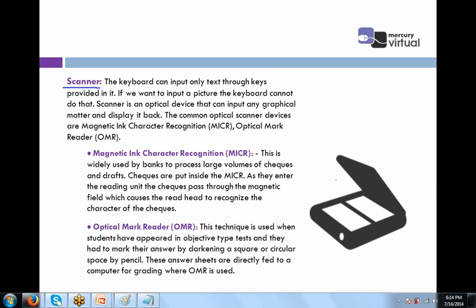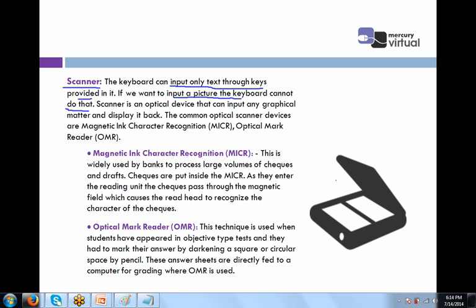The keyboard can input only text through keys. If I want to input a picture, a drawing or a map, the keyboard cannot do that, because the keyboard has no picture options or drawing options.